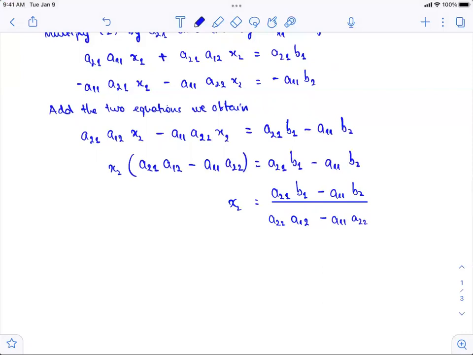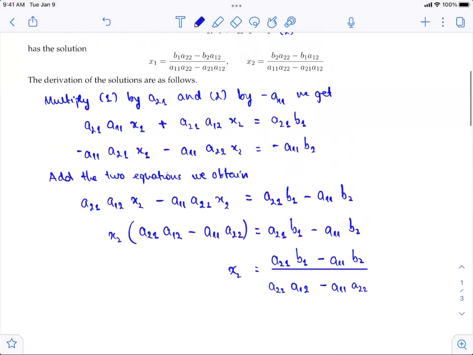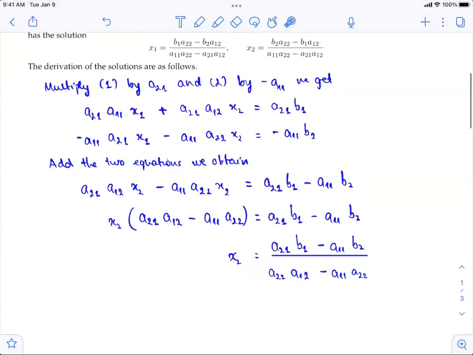You can stop right here for x2, but I want to rewrite the solution a little so it matches the solutions I wrote down at the beginning. I'll multiply the numerator by -1 and the denominator by -1, switching the signs.